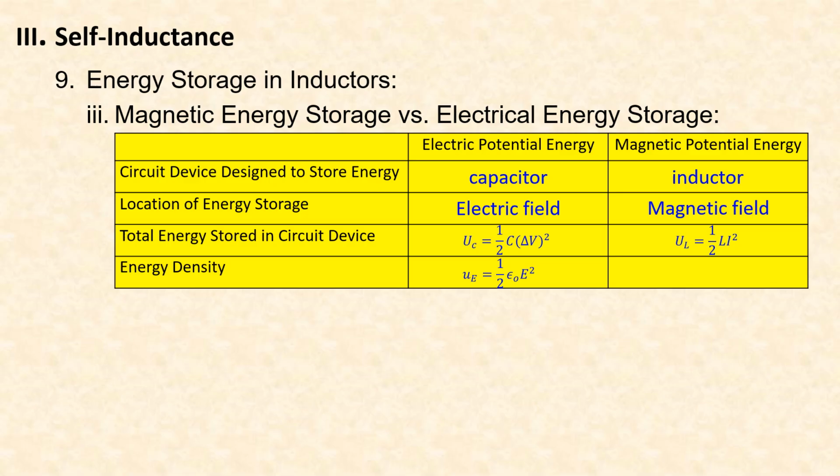Now, we haven't derived this for the energy density of the magnetic field. I'm going to give it to you here, and we can say that the magnetic potential energy per unit volume stored in the magnetic field, the interior of that inductor, goes like the magnetic field squared divided by 2 mu naught, the permeability of free space.